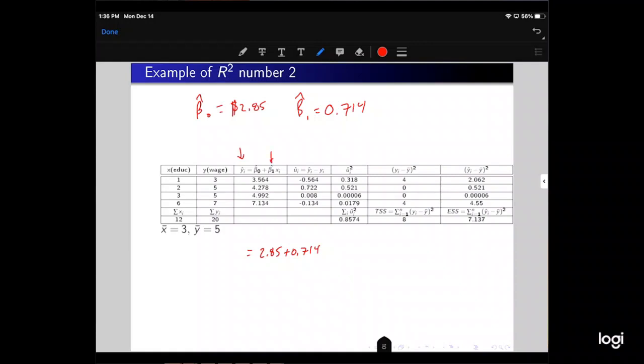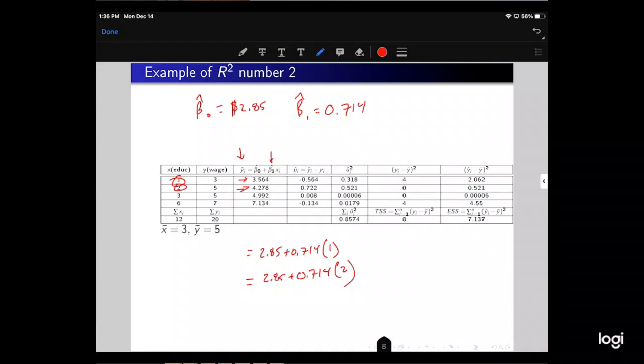For the first line, we're multiplying by 1 because education in the first line is equal to 1. For the second line, we do the same thing, but we put in 2 because education for the second observation is equal to 2, and the predicted wages are in those boxes there.